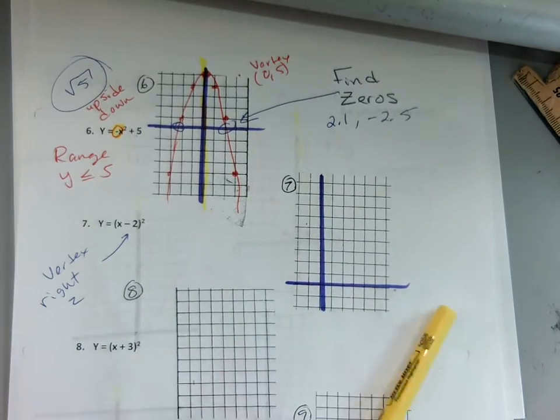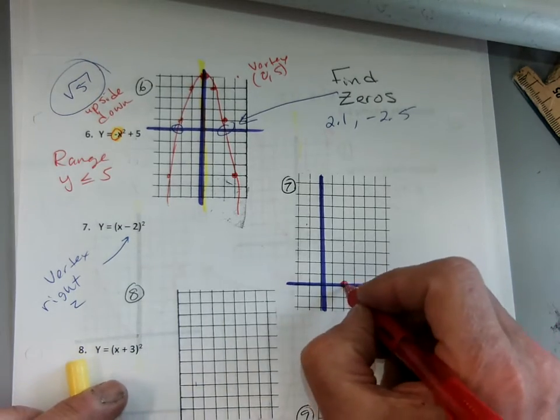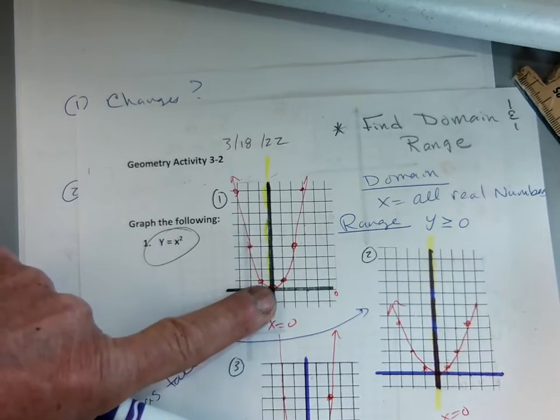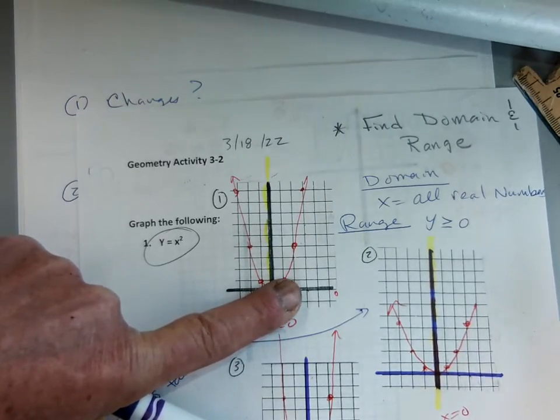It's going to be right here. So I took my parent function, which is that one, and I just moved it over 2. That's all I did.